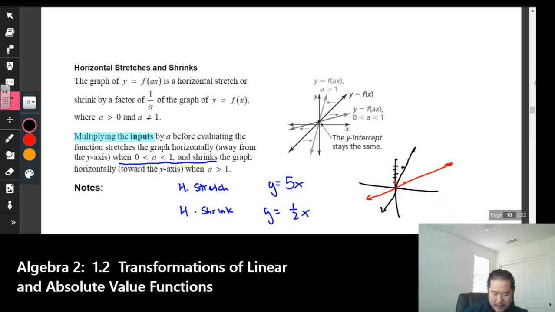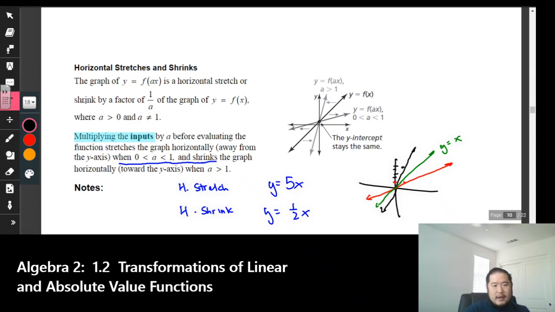And then the parent function, up 1 to the right 1, would be in between both of these and would look something like this. So the green would be the parent function, and then you could see horizontal stretch, it's steeper, being pulled up. Horizontal shrink, it's compressing. Think about it that way, compressing.